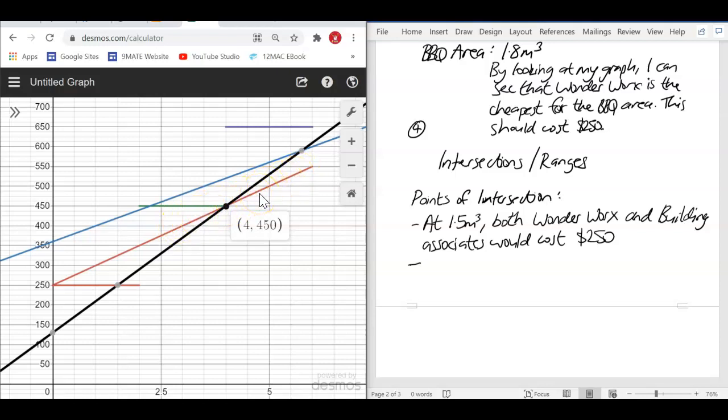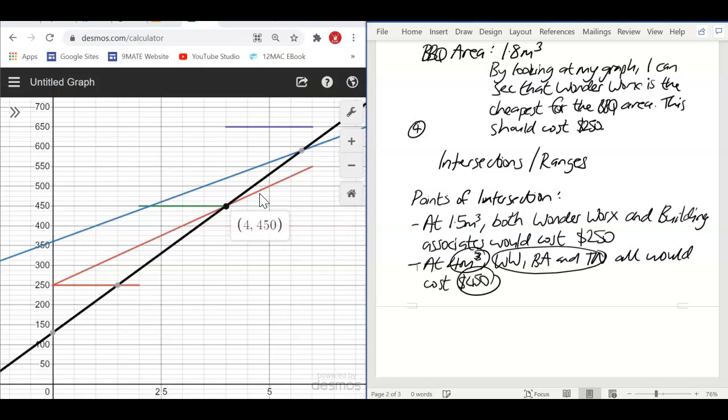All of them are going to cost $450. So at 4 meters cubed, we've got WW, BA, and Top Notch. All would cost $450. Just a reminder, do use your context. Make sure you're using the names or abbreviations. Make sure you're telling me the measurement and you're telling me how much they cost.